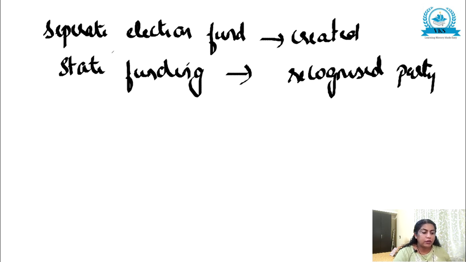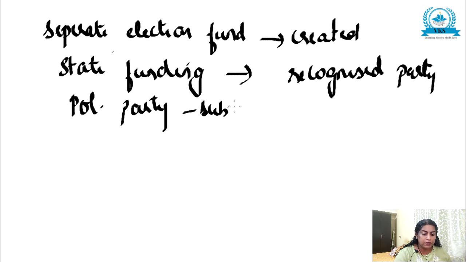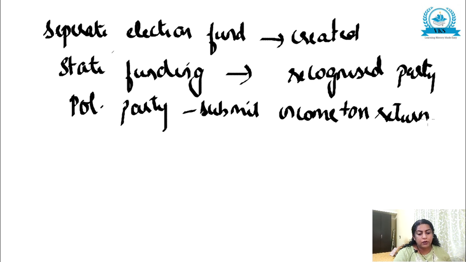After that, the political parties must submit income tax returns to avail state funding. For example, if any political party has to avail state funding, they have to submit income tax return, then only they will be able to get state funding.